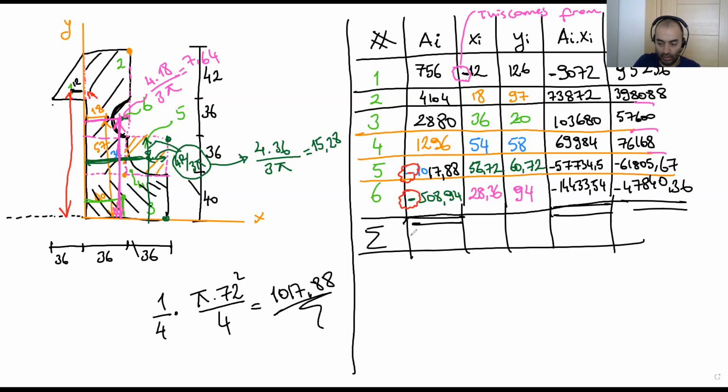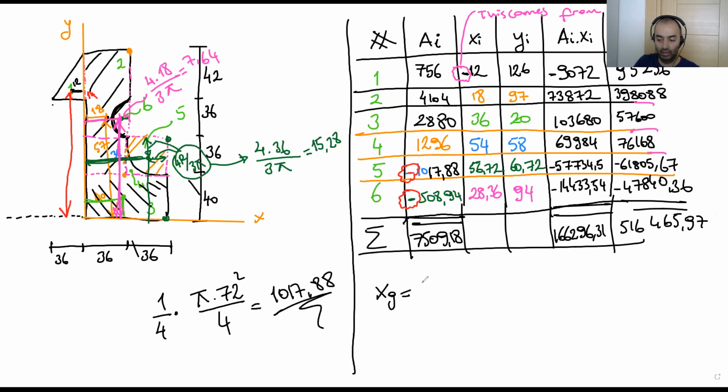The total area is, and total Ai xi. Okay, if we have these numbers, the left part is really easy.